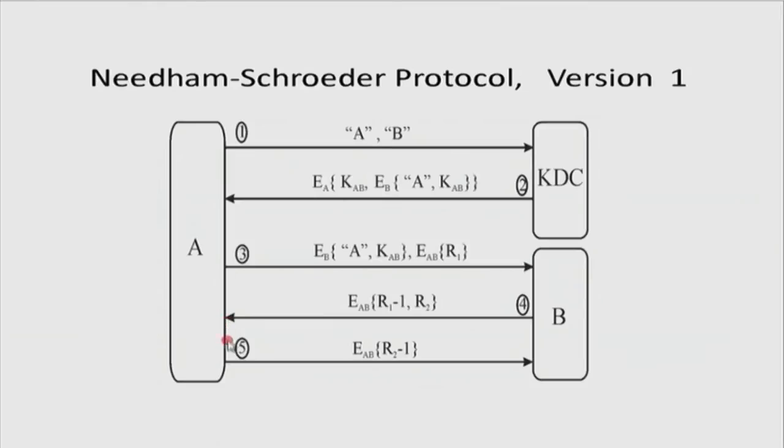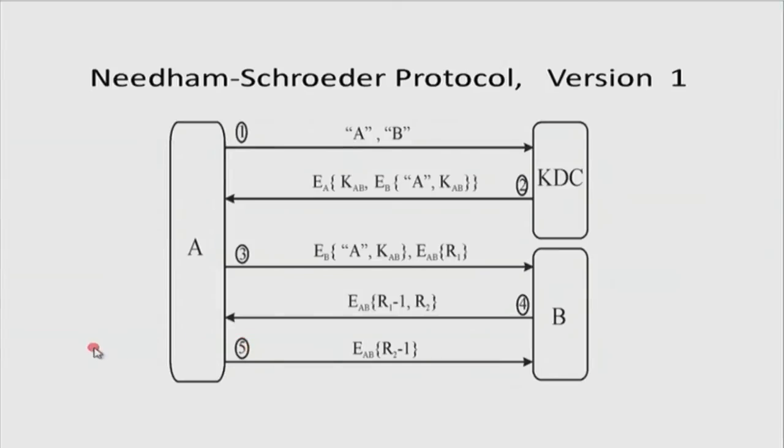So he sends this thing, and then in response she will decrypt this thing because she has the session key. She'll retrieve the R1 minus 1, verify that this is a decremented version of the nonce that she chose, and then she will take the nonce that he chose, decremented by 1, and send it to him, encrypted with this, so that then he will realize that she is the authentic A.